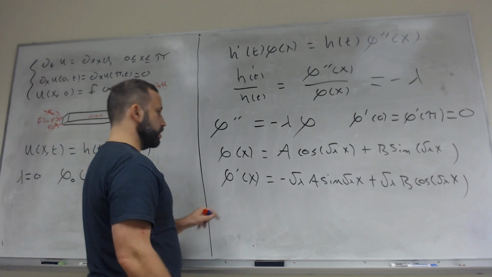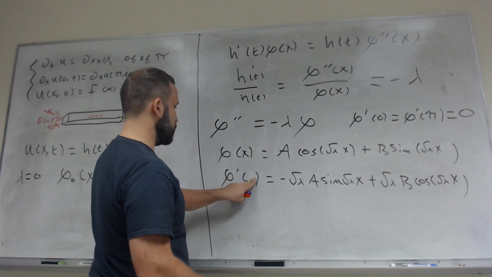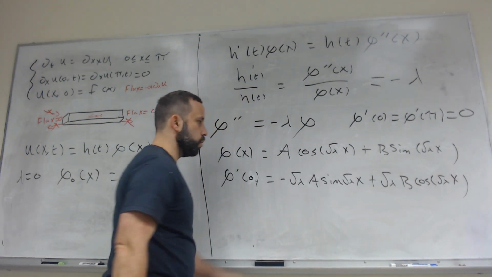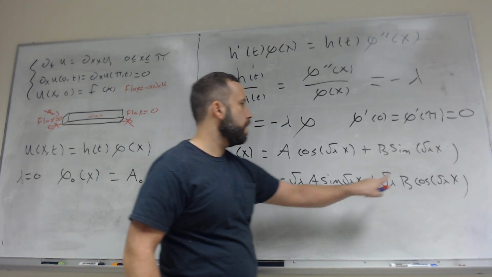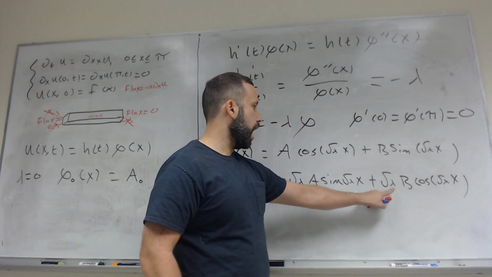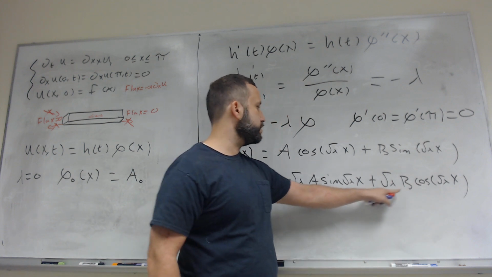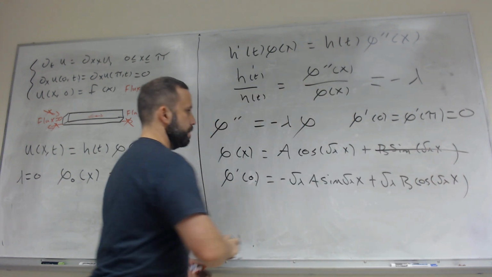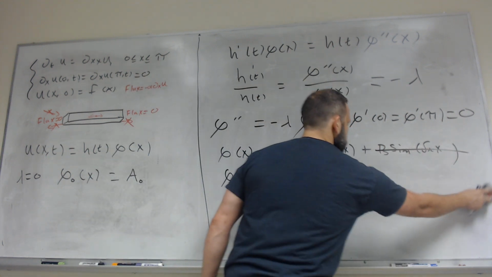Then phi prime of 0: if I plug in 0, the sine term goes away because sine of 0 is 0, and the cosine term is 1. I'm assuming now that lambda is greater than 0, so that implies b is equal to 0. So that term goes away.